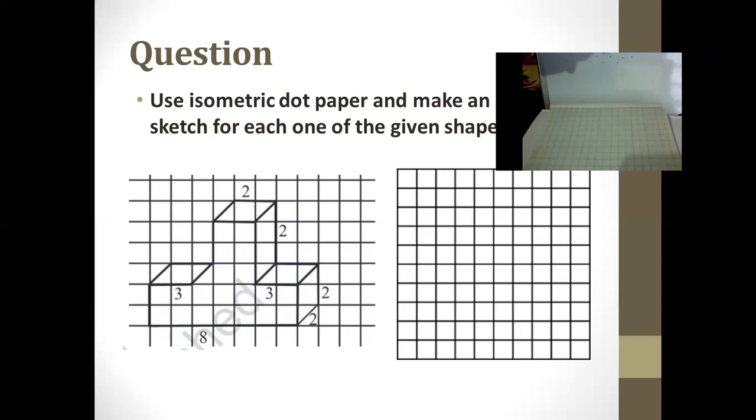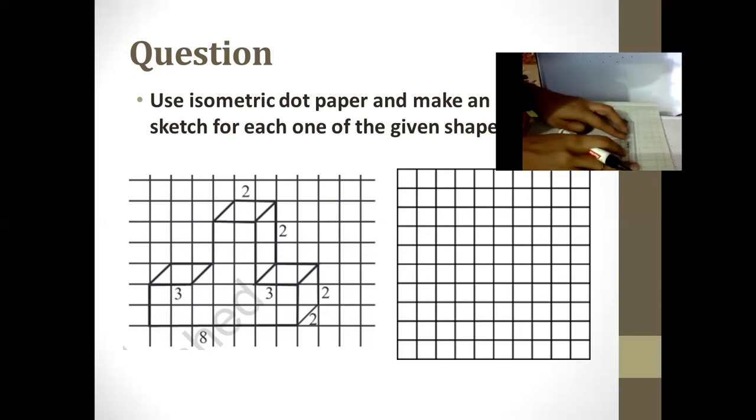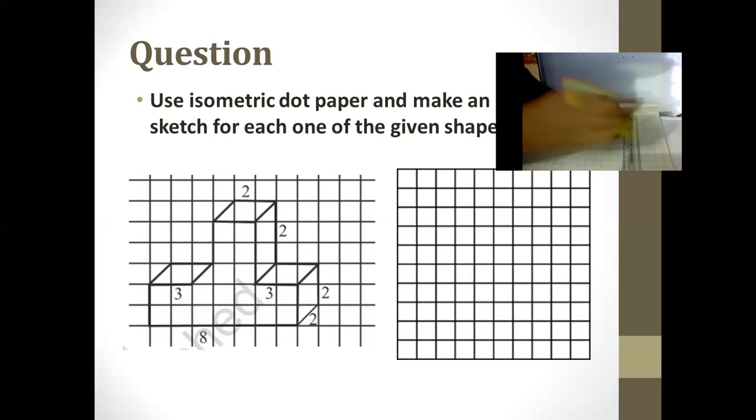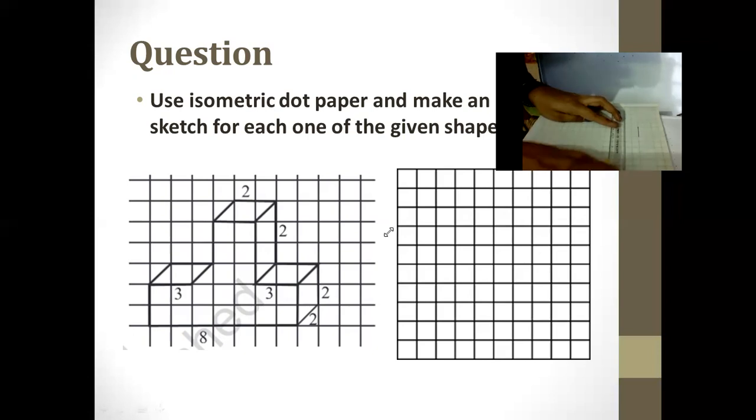So first of all, they have asked us to draw a 2 centimeter box. Let me draw it with a colorful pen to make it interesting. Now I'll be taking two boxes, that is 2 centimeters. Let me increase the size of this so that it is more visible.